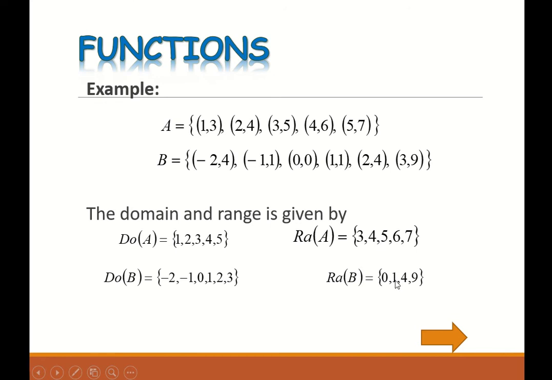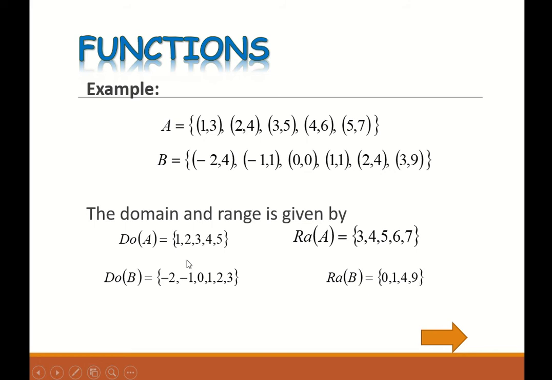That's why we have a 1. And of course we started with 0, the lowest. Next we have 4. We have 4 in our first ordered pair as the second element, and we also have it in the fifth ordered pair. Same number, so we need to write only one. And then finally we have 9.